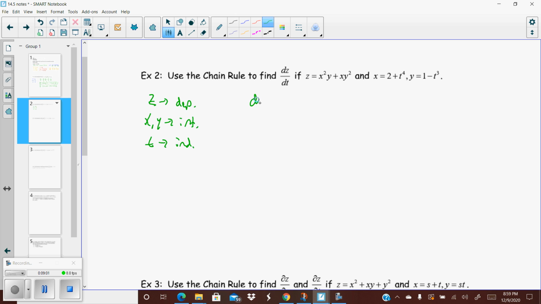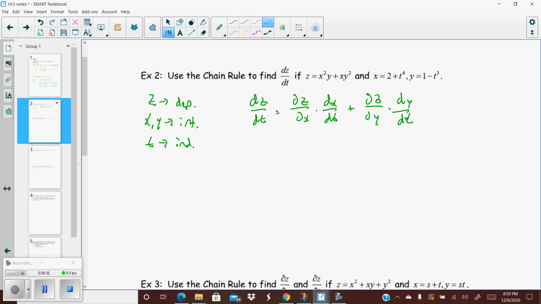So if I want to find dz dt, it's going to be the partial of z with respect to x times the full of x with respect to t, plus the partial of z with respect to y times the full of y with respect to t. And again, remember, you do not have to change the variables. That makes things just a little bit easier to deal with.